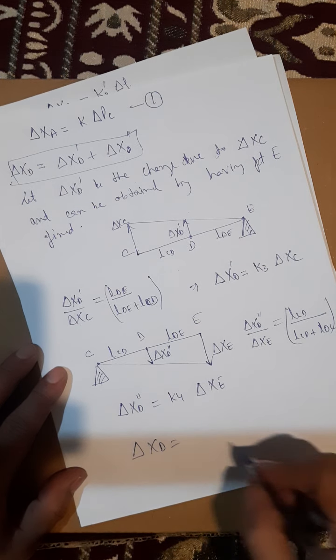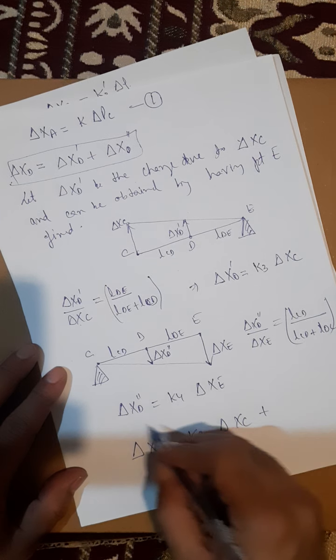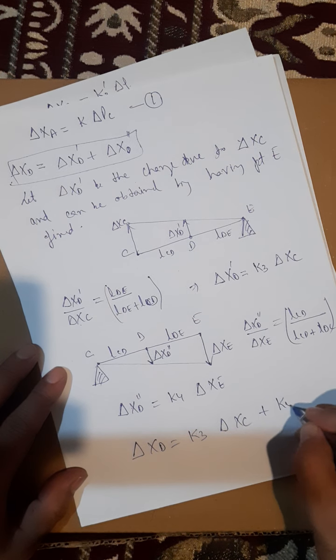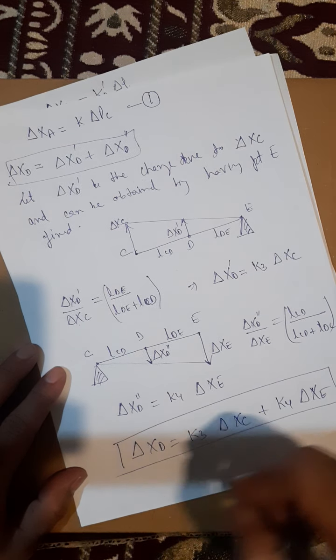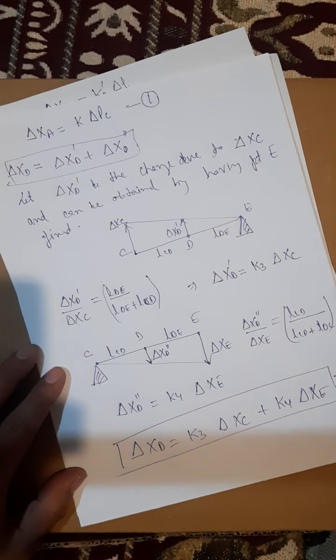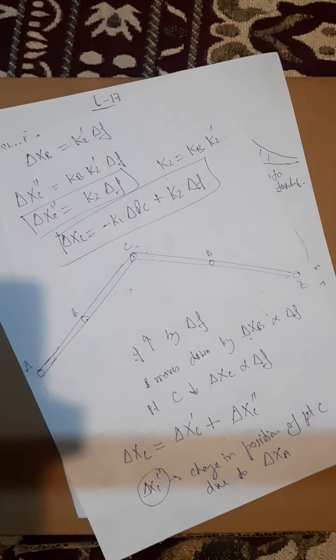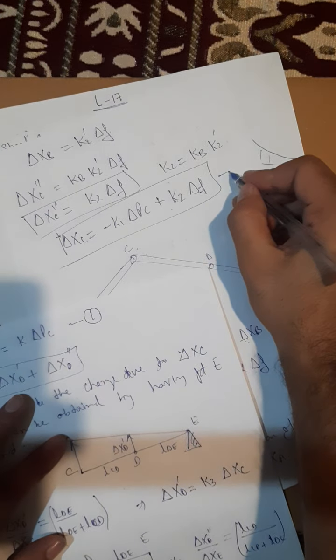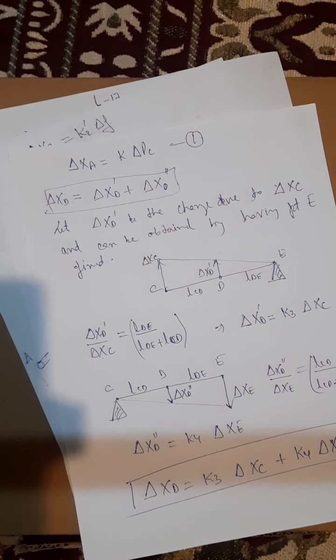Delta x D is equal to x D dash, which is nothing but K3 delta x C, plus x D double dash, which is nothing but K4 delta x E. So I am labeling it as equation number 4. And where I have calculated xc, I am labeling that as equation number 3. Got it?